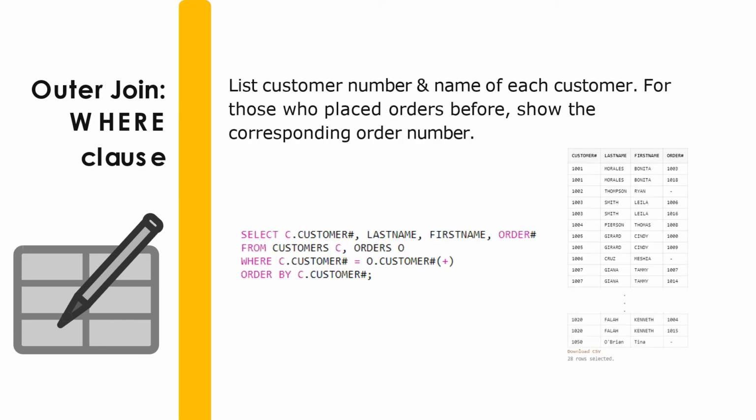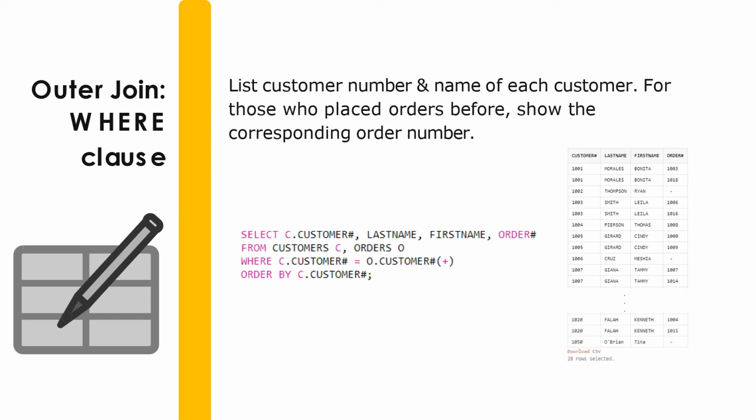The following is an example of a left outer join. In this example, we are listing the customer number and the customer name. For each of those customers that have placed an order before, we are also including the corresponding order number.